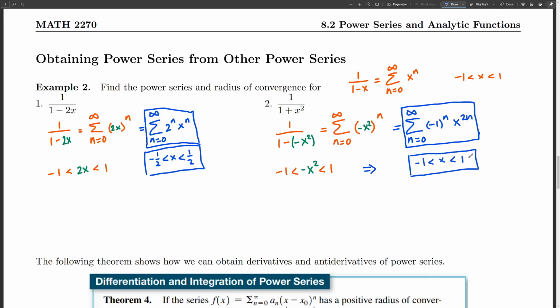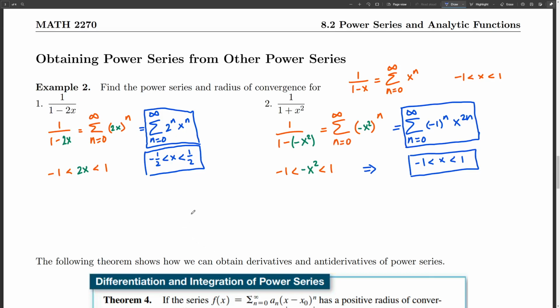Any value that's bigger than 1, if you square it and take the negative, would be less than negative 1. And the same for any value less than negative 1. You square it, you take the negative, it would also be less than negative 1. So as you can see, that is a relatively easy way of getting these power series for other functions.